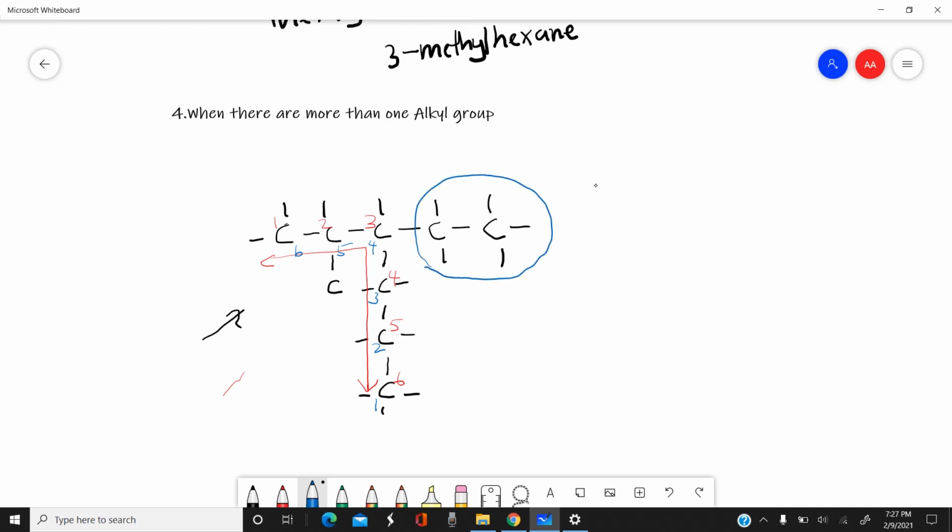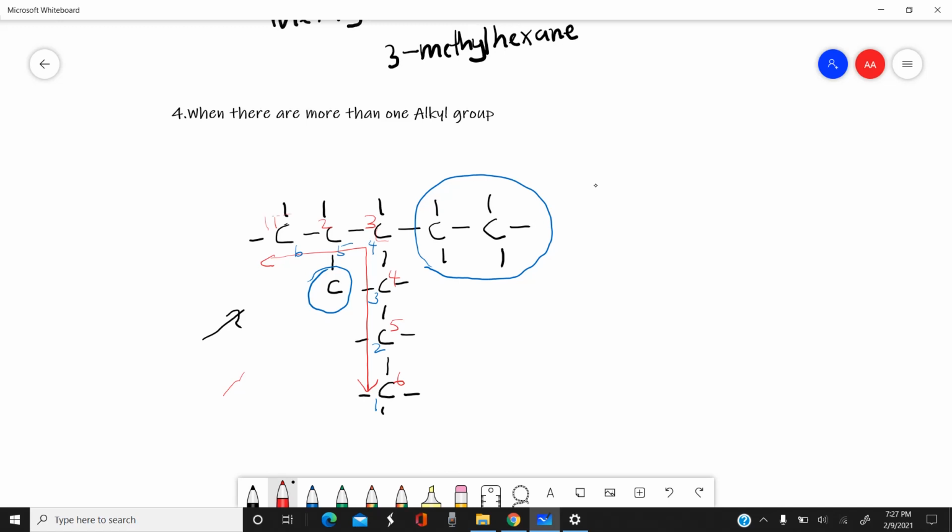This is an alkyl group, and even this one is an alkyl group. So check which numbering will give the lowest numbers to the alkyl groups. When you start from this one, it will give number 3 to this carbon attached to an ethyl group, and number 2 to the carbon attached to the methyl group.